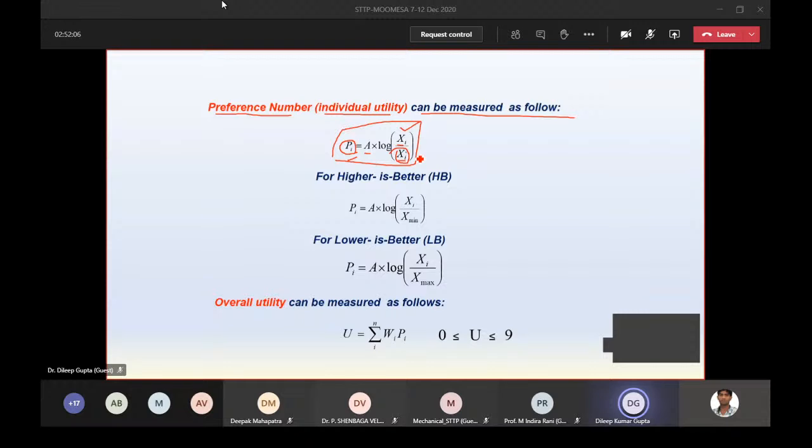So normalizing the data here is A log of xi divided by xi dash. Using this equation, you can use it for higher is better condition. So here it will be Pi equal to A log of xi divided by xi dash. Now what will the just acceptable value be? It will be your x minimum in this case, because this is the just acceptable value for higher is better.